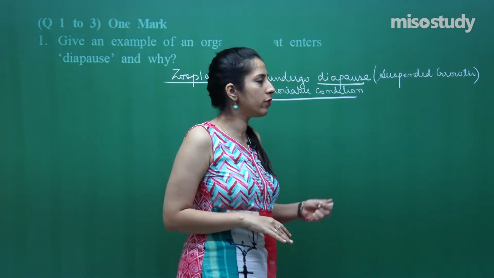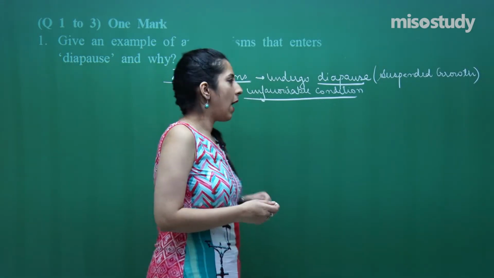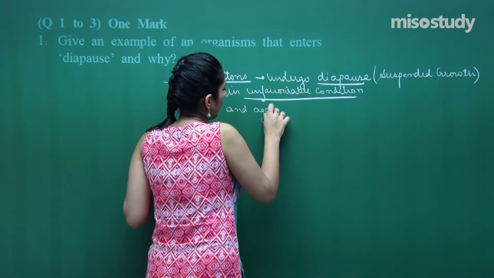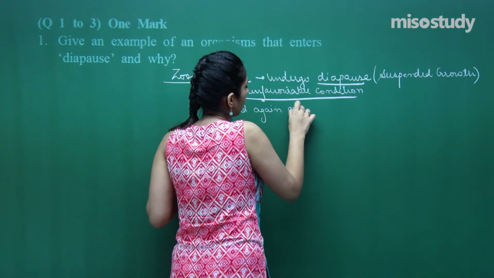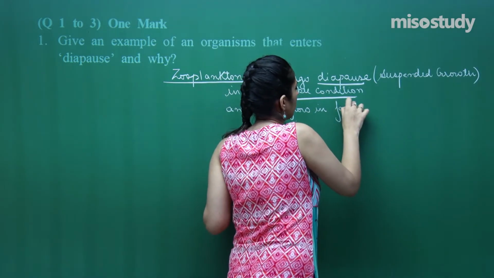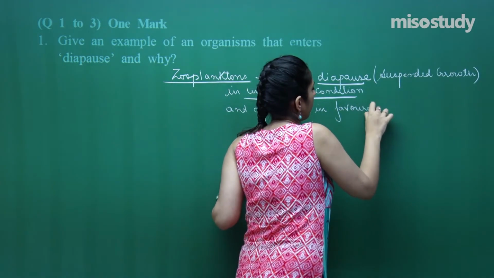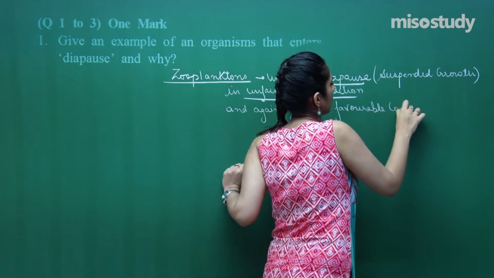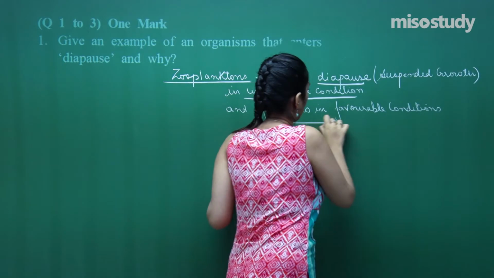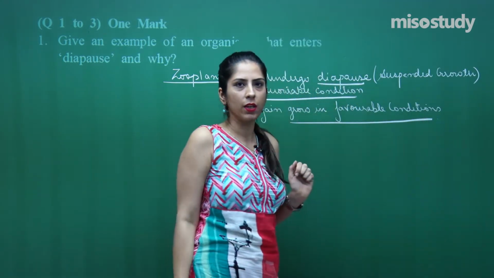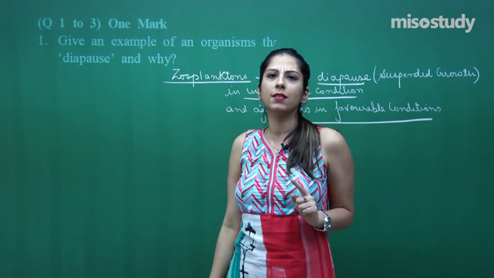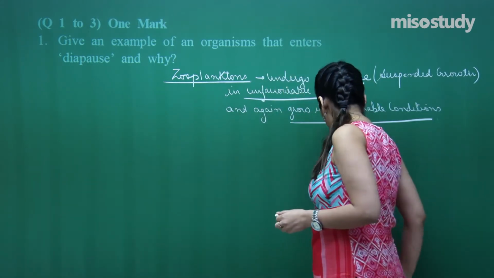In that condition they undergo diapause and again grow in favorable conditions. Hope you are getting what I am trying to say. So this was question number 1, and the correct answer is zooplankton. Let us move on to the next question.